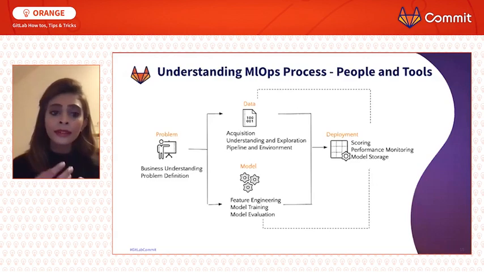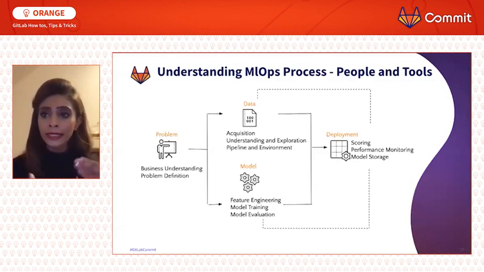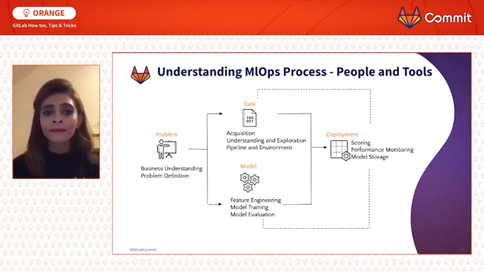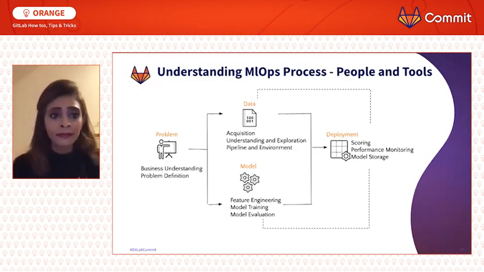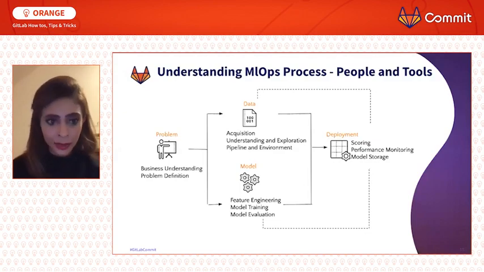Then we need a model, going from building features from the data, into feature engineering, to training the model, to evaluating, and then the final round is the deployment, where we're scoring the model and looking at the performance, whether it's degrading with new data, and storing and monitoring, and the whole continuous feedback. That is the whole MLOps process, with people as well as tools.